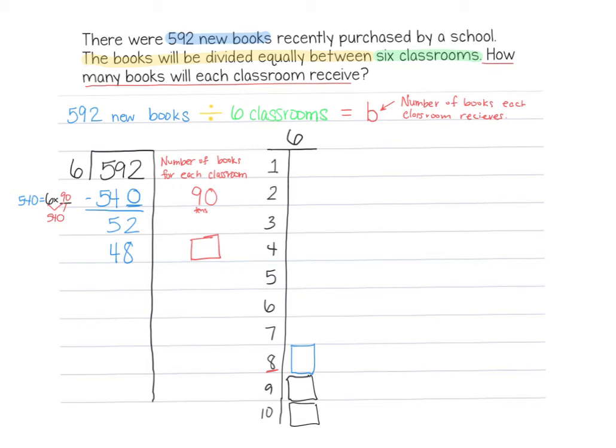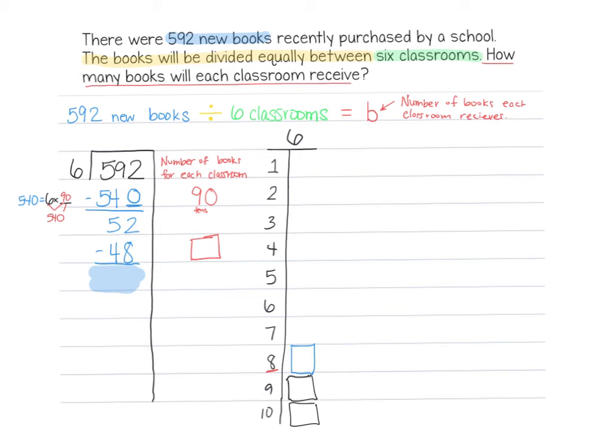Then we're going to subtract because we want to find out how many books are left over. So go ahead and subtract. Is this number less than 6? Because if it's less than 6, we can't divide it equally into 6 classrooms. It is less than 6.